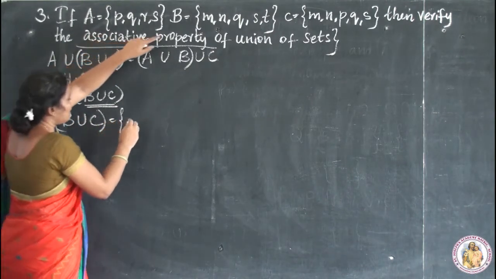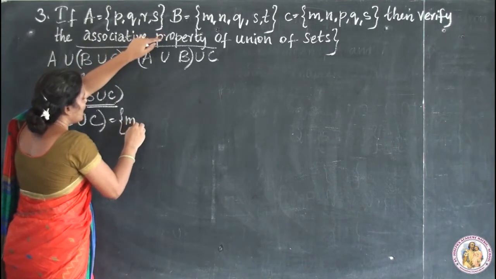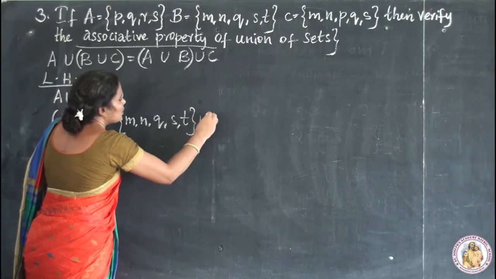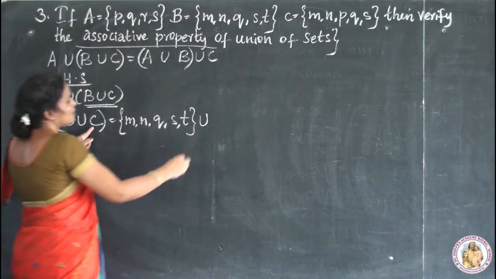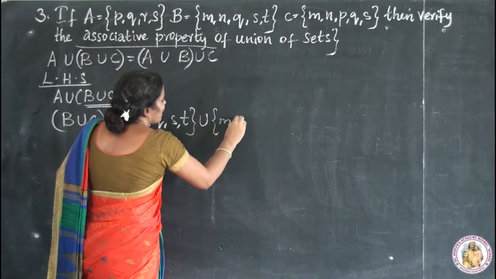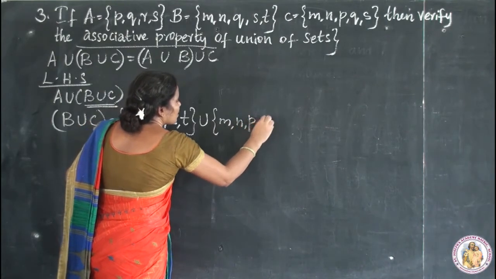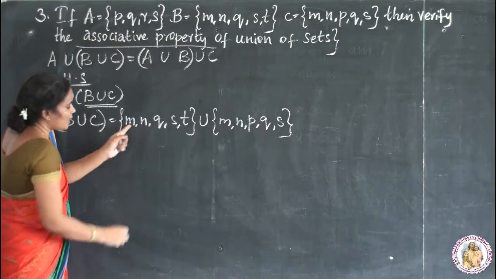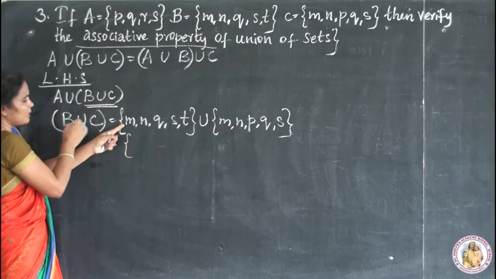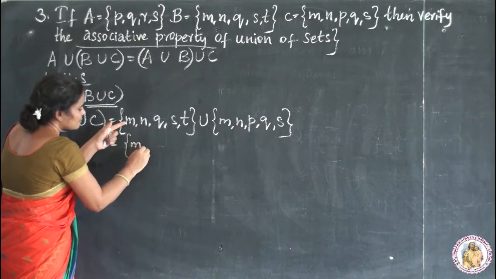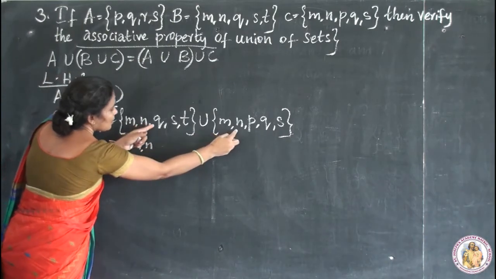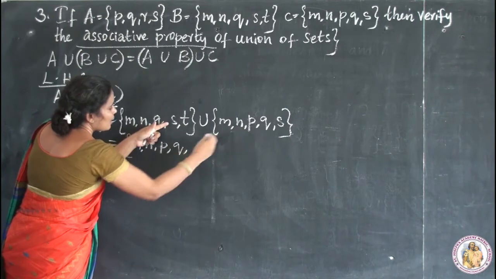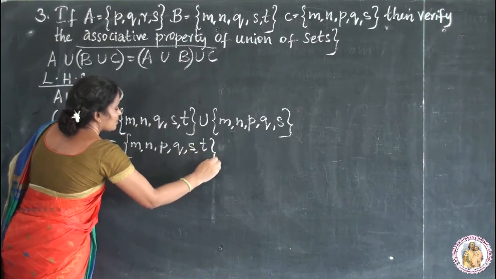Write the elements of B and C. M, N, Q, S, T, union C, that is M, N, P, Q, S. Union: write all the elements which are present in B and C. M, N, P, Q, S and T.